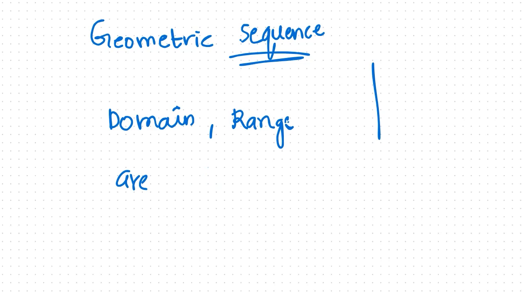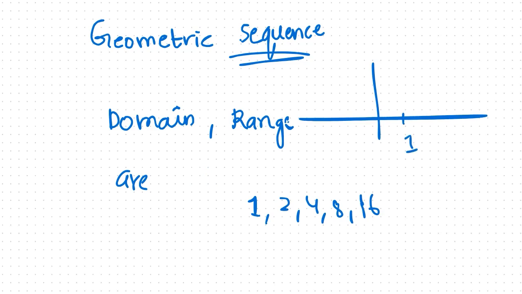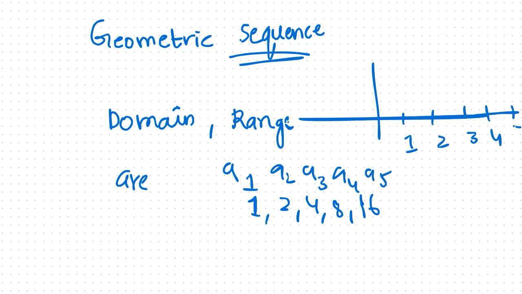So it's like 1, 2, 4, 8, 16. Let's say the first term A1, A2, A3, A4, A5, which are 1, 2, 3, 4, 5. So A1 will be 1, 1.